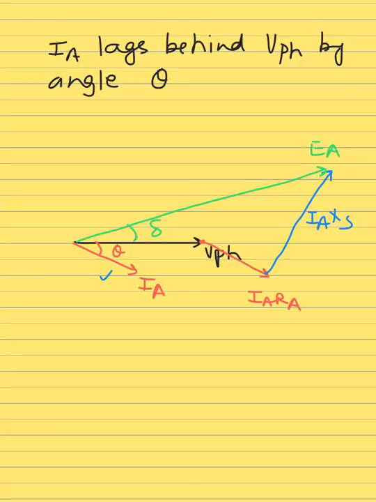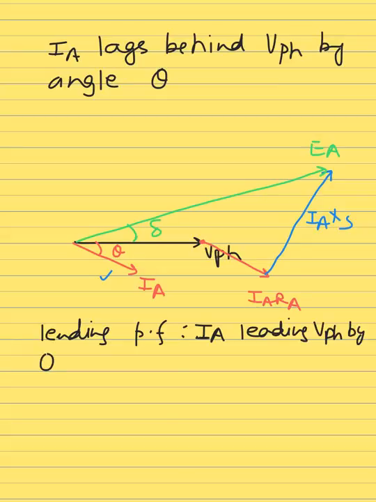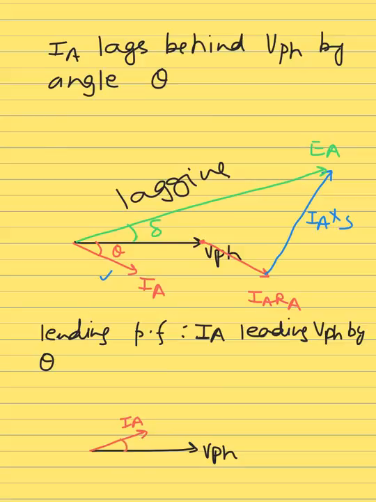And that's it. Now let's see the case of leading power factors so that we can compare and make a final statement. In case of a leading power factor, we have I_A leading V phase by, again, let's say theta. So here is your V phase, and I_A is going to be leading, so I_A is here by an angle theta.